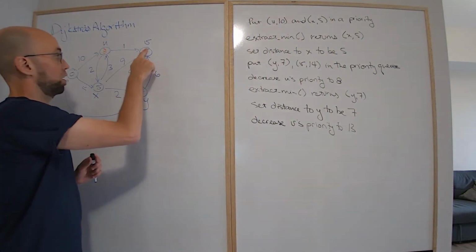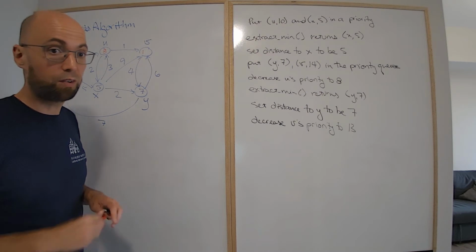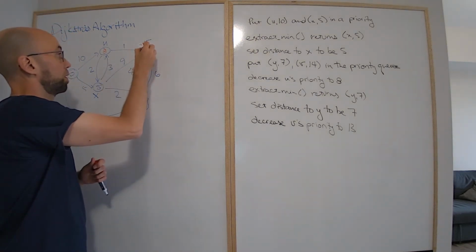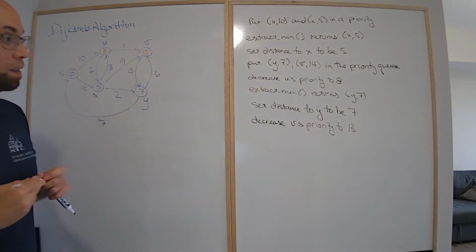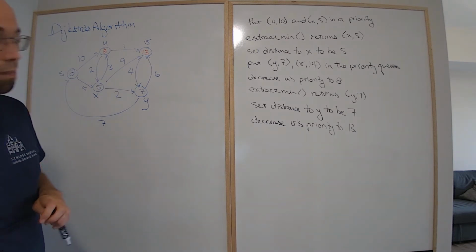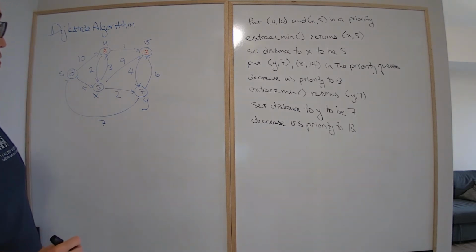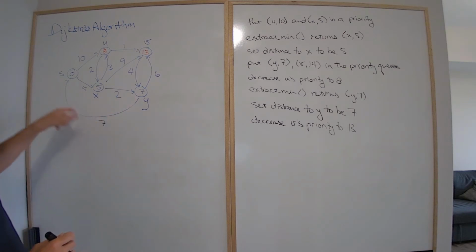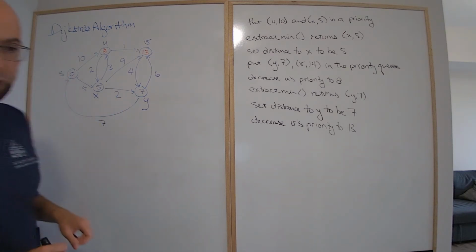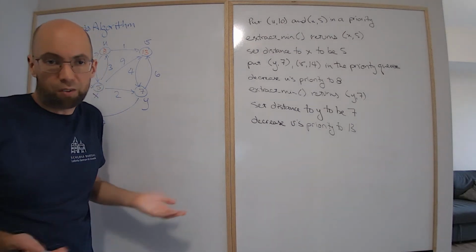Okay, so I should have decreased that to 13. And you don't change S's priority because it had priority 0. It's already been visited.